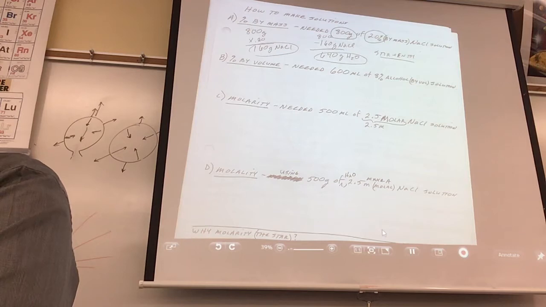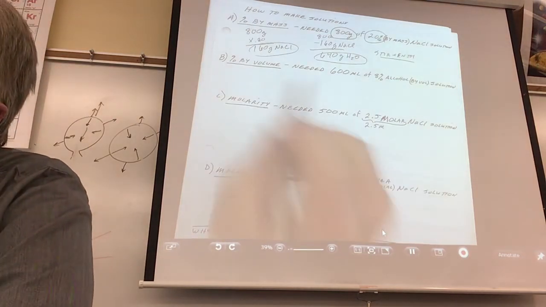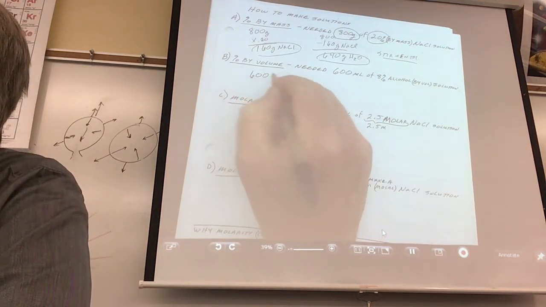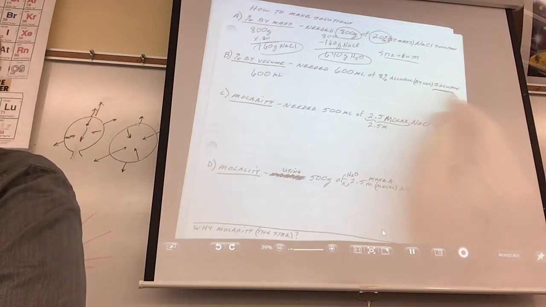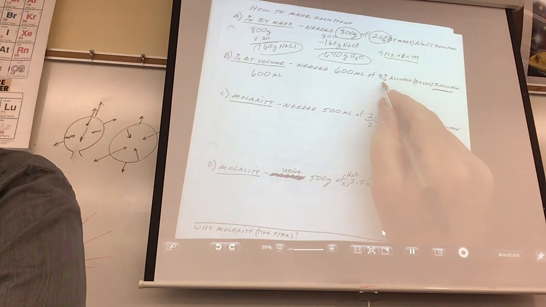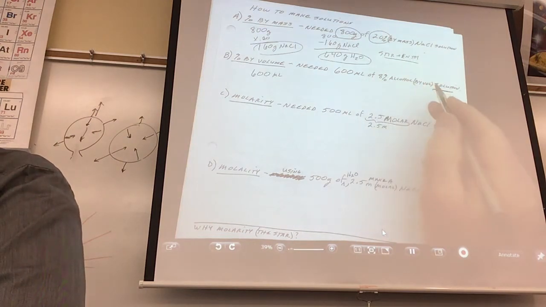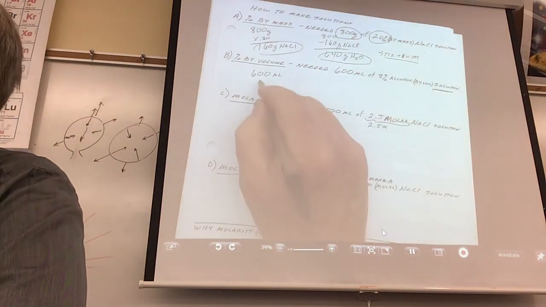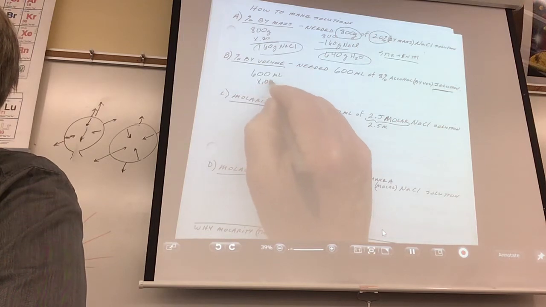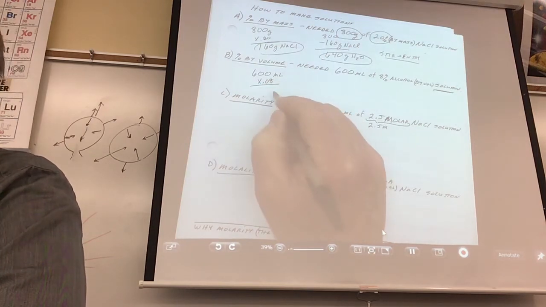Who wants to help me? Olivia, you do it. I have 600 milliliters of solution. 8% of it by volume has to be alcohol. So how much is going to be alcohol? What do you think?